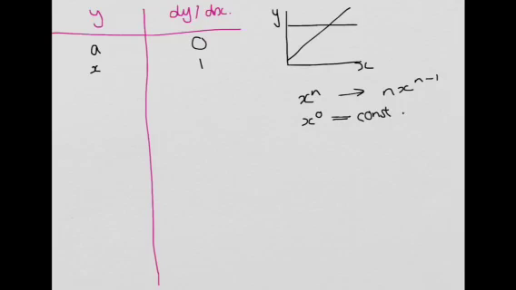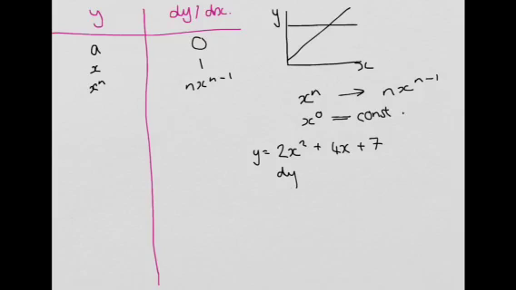So I can take this a little bit further and have x to the n going to nx to the n minus 1. And if I have a polynomial, so if I have something like 2x squared plus 4x plus 7, what I find is that I just need to take these each in turn.